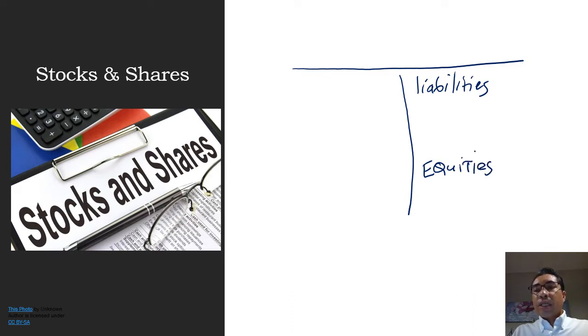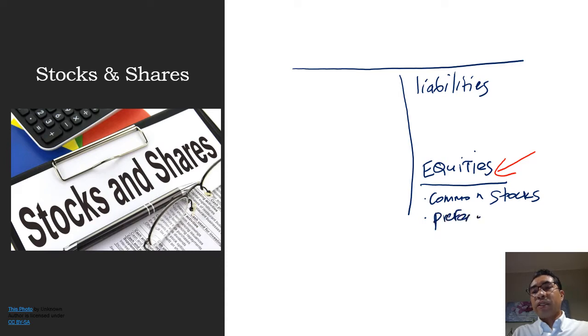So stock and shares is basically in equities. For a public listed company, normally their stocks can be categorized as common stock, and there are also certain cases where the equities may come from preferred stock.